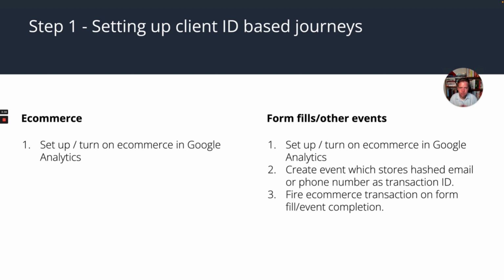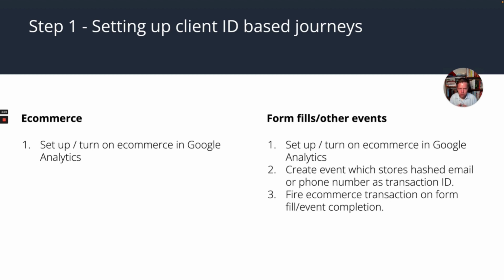And for form fills and other events, you do the same actually. You set up and turn on e-commerce in Google Analytics. And what we now do is we create an event which stores the hashed email or phone number as a transaction ID. Alternatively, you could use any identifier you wish and store that in the data layer.